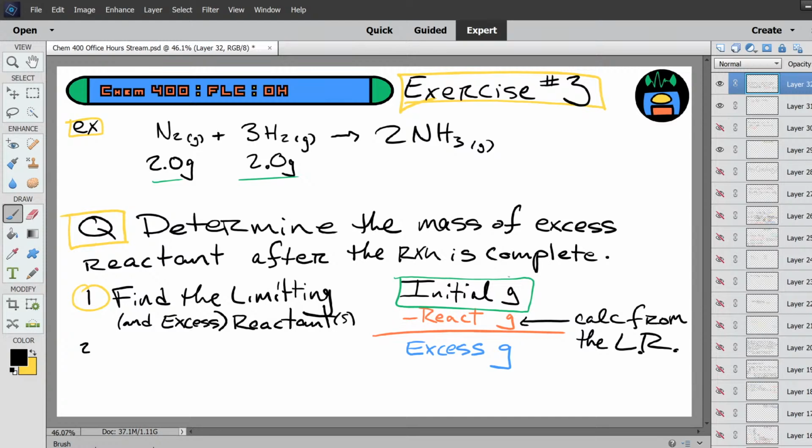Step number two, you're going to calculate the grams of excess reactant that reacts.